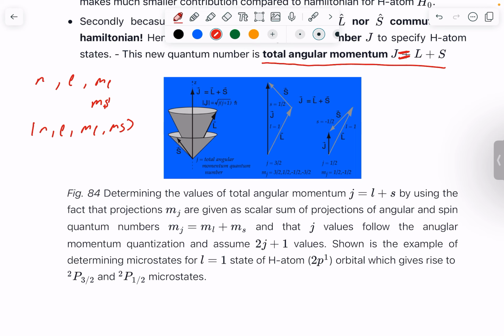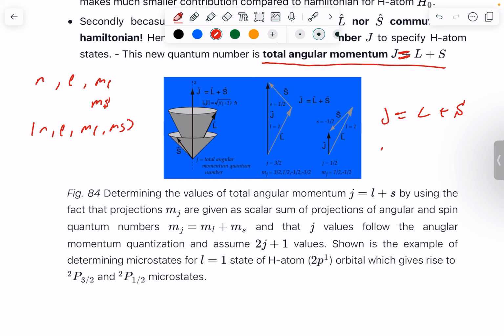They're both vectorial quantities. So this J object, which is the sum of L and S, is going to be quantized the same way. Since L and S are vectorial quantities, their eigenvalues are going to follow the same type of quantization. They're going to differ by integer values.